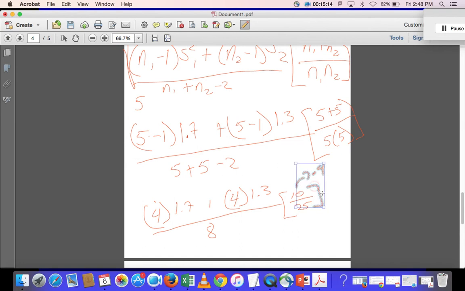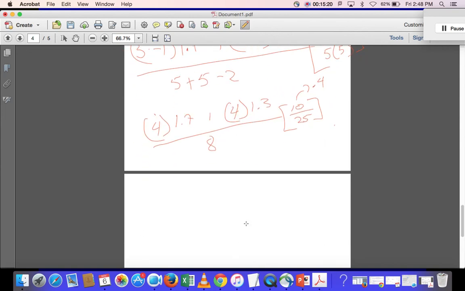So now that we know what this portion of my formula is equal to, we're going to just now continue on to work with our formula in this case. So 4 times 1.7, and again if you're following along doing the math, 4 times 1.7 is going to equal a value of 6.8 plus 4 times 1.3 should give us a value of 5.2.